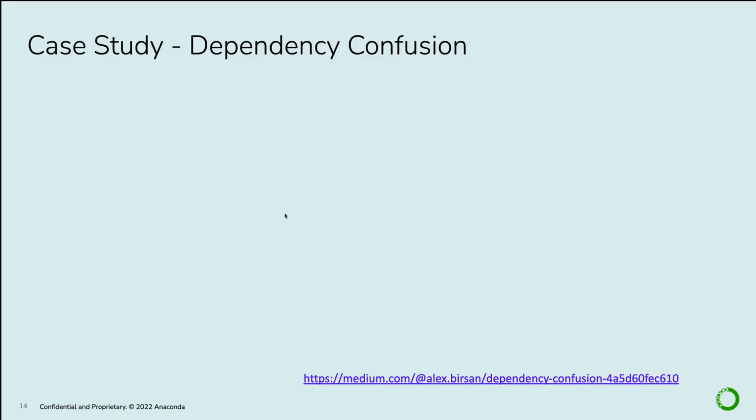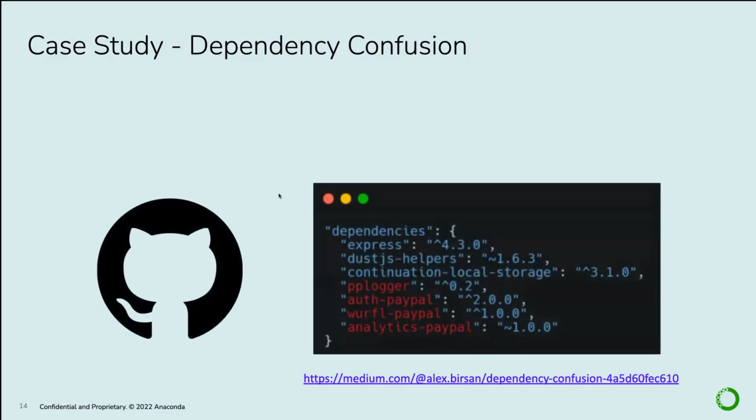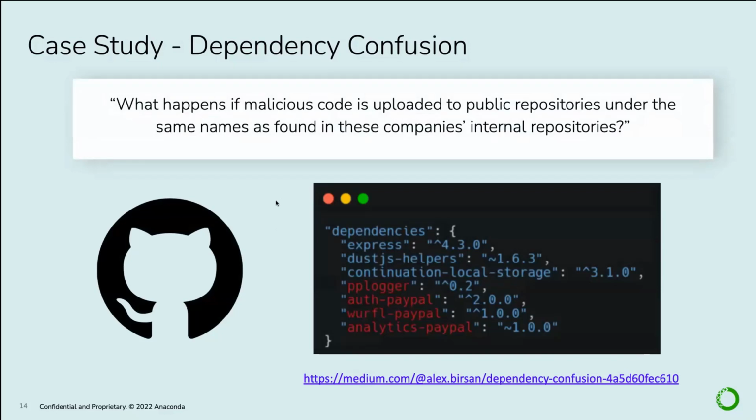There was a very interesting article that you may have seen from Alex Pearson, who discovered that there is a potential for people who are using both internal and external software and who have their libraries out there on GitHub to be able to find vulnerabilities, or rather, I should say a chink in the armor where somebody can inject a malicious package, make its way into a company, and then use that package to gain access to sensitive information.